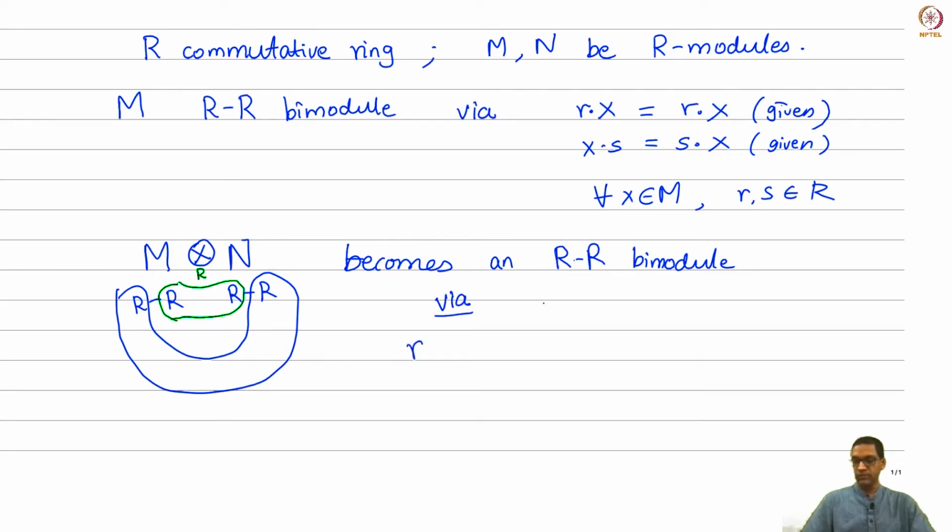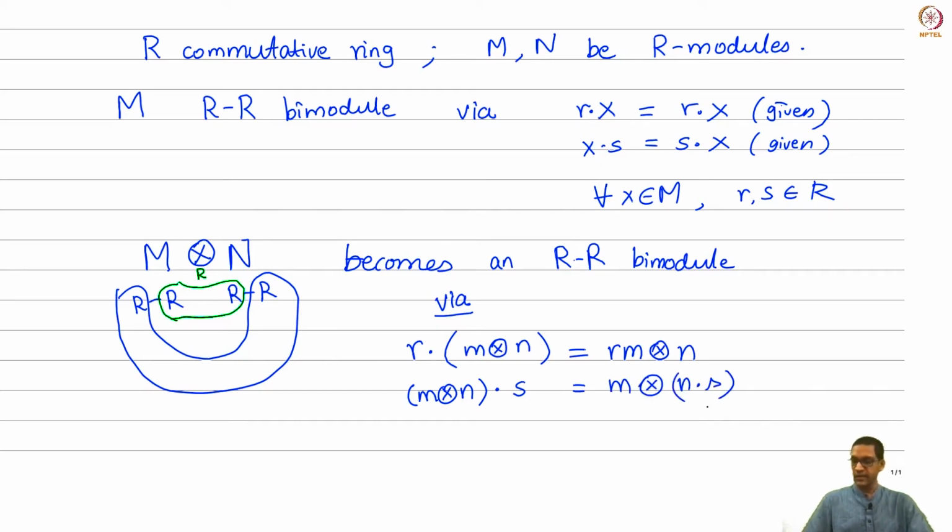So here's what we know. If I take an element r from R, then the left multiplication, when it acts on a generator or a decomposable tensor m tensor n, r acting on m tensor n by definition is rm tensor n. Okay, that's the left action if you wish. The right action similarly, m tensor n acting on s, well, by definition is m tensor n acted upon by s on the right, but as we just defined, for commutative rings, the right and the left actions are the same.